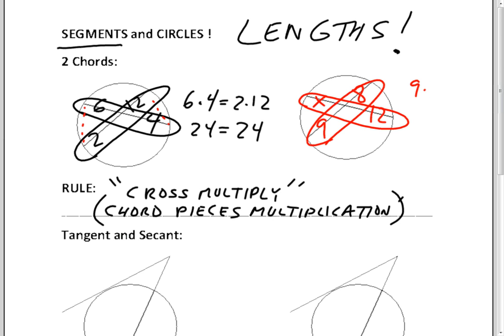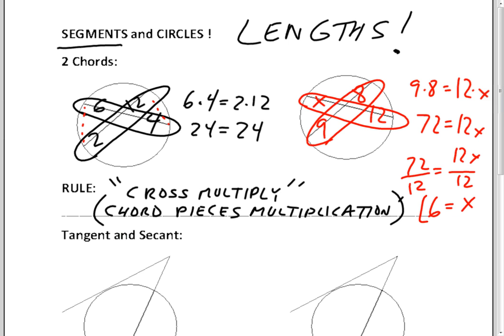So I'm going to do 9 times 8. I'm going to do 12 times X. That's 72 equal to 12X. Do a little division. X in this case would be 6. What is that? That is a distance. That is the length of that little chunk from here to here of that chord.